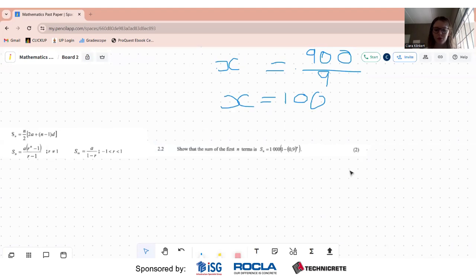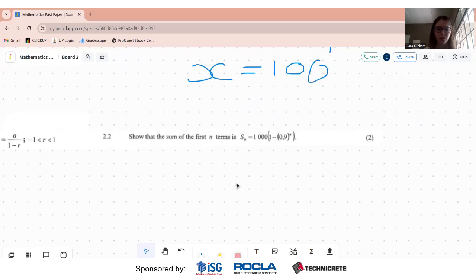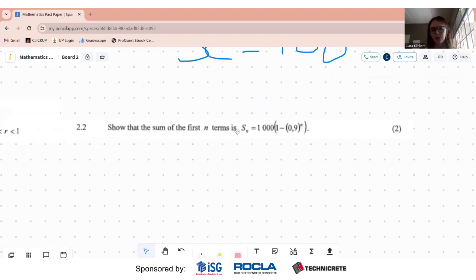Okay, now I'm going to move on to question 2.2, which asks, show the sum of the first n terms is given by Sn is equal to 1,000 times 1 minus 0.9 to the power of n.